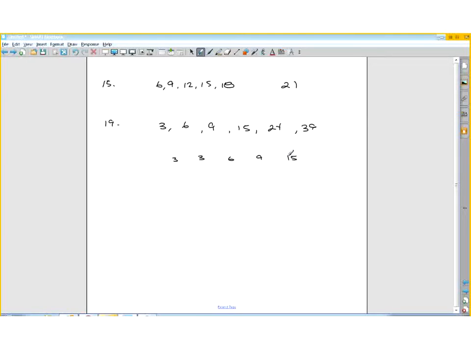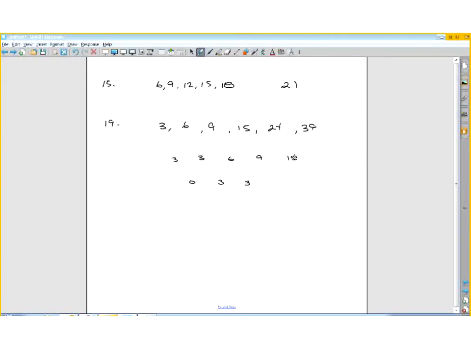So that's that one. And if you read the book, and we probably talked about this in class, the next thing you do is look at the difference between these differences. The difference between 3 and 3 is 0. The difference between 6 and 3 is 3. The difference between 9 and 6 is 3.